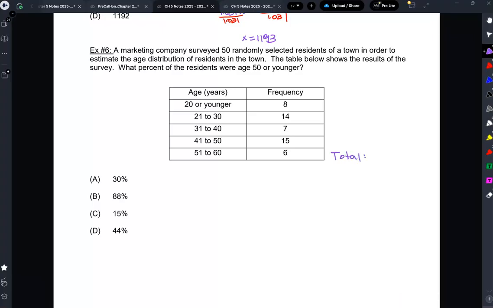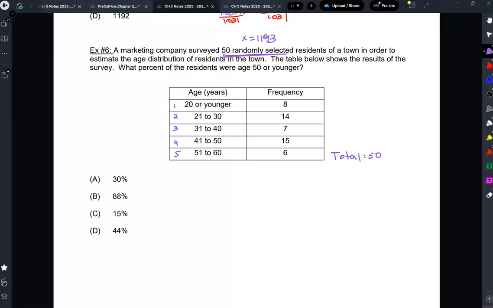Can somebody figure that out for me? Or is it said somewhere in the problem? 50, right? Look, here it says 50. So the total is 50.